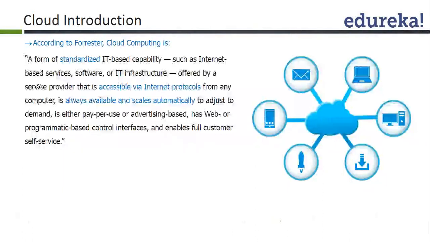So this is the definition of cloud computing. According to Forrester, cloud computing is a form of standardized IT-based capability, such as internet-based services, software, or IT infrastructure, offered by a service provider that is accessible via internet protocols from any computer, is always available, scales automatically to adjust to demand, is pay-per-use based, and has web or programmatic based access.